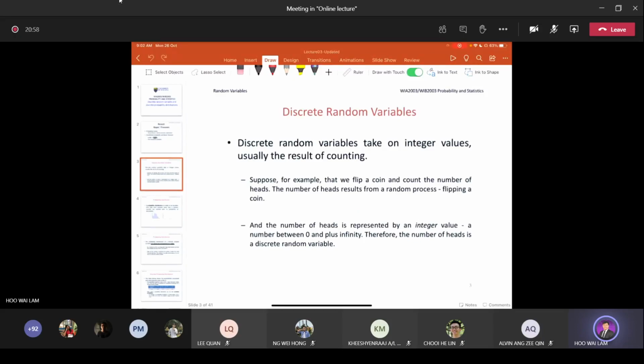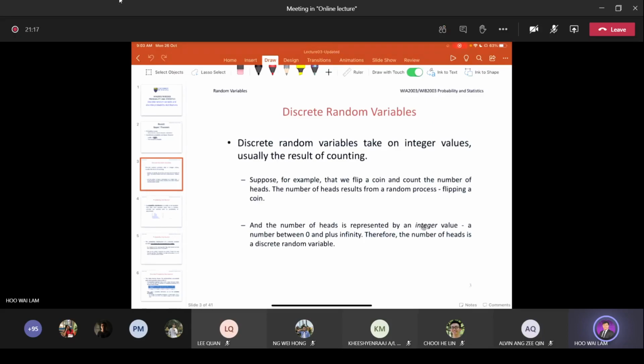You perform a calculation over here, and this can also be considered a random variable, and it's a discrete random variable because every time your number of heads is represented by an integer value, and whenever a head occurs, it basically adds +1, right?